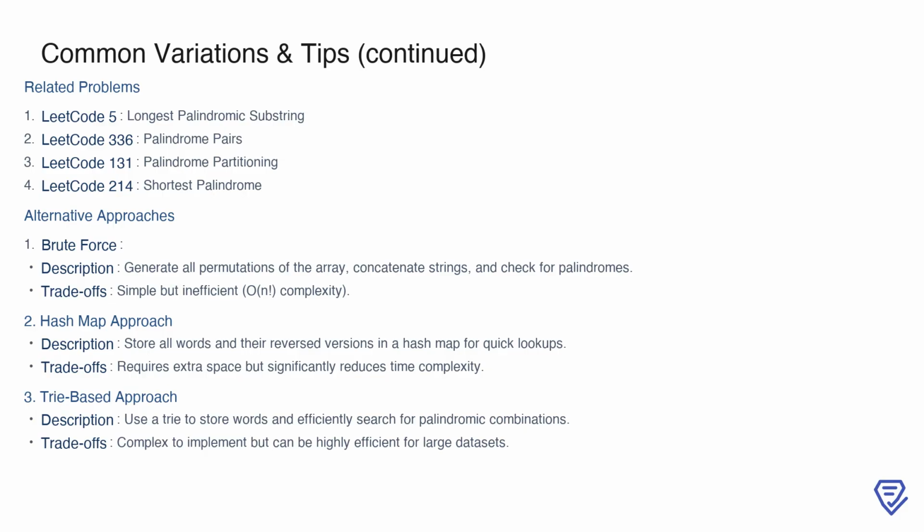While it requires additional memory, it drastically reduces the time complexity. For more advanced scenarios, a tree-based approach can be employed. Tries are excellent for efficiently searching palindromic combinations, especially in larger datasets, but they come with increased implementation complexity. Each approach has its trade-offs, so choose based on the specific requirements of the problem.